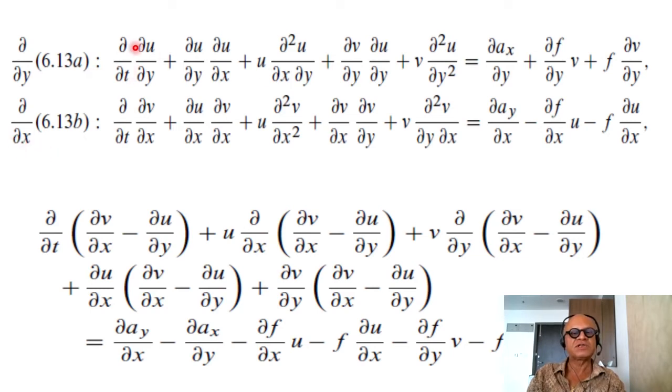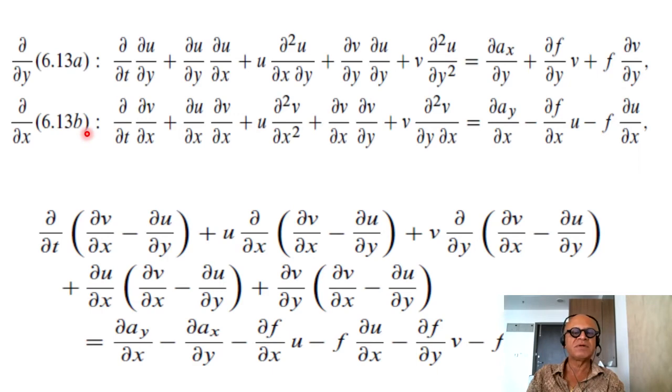So just adjusting the values, you had du/dt, so we're going to write it as d/dt of du/dy plus du/dy du/dx plus u d squared u/dx dy, the law of partial differentiation, plus dv/dy du/dy plus v d squared u/dy squared equal to the forcings plus the Coriolis term, where you have df/dy times v plus f times dv/dy on the right hand side.